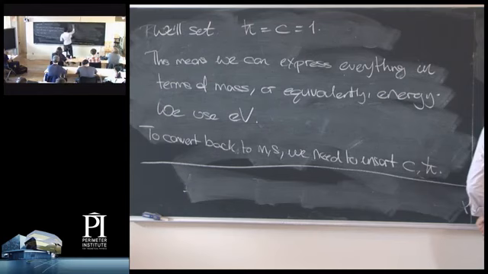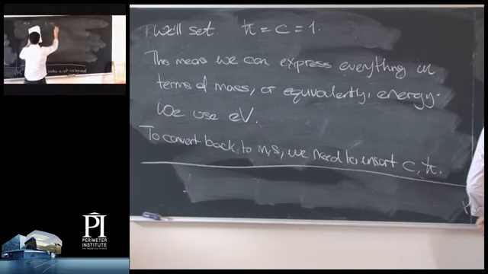Okay. So for example, we've seen one of these equations already. The Compton wavelength is basically the inverse of the mass. This is a length scale. This is a mass scale. If you work out what quantities you have to put in to get the units right, there's an h bar on the top and a c at the bottom, which is exactly what we saw before.